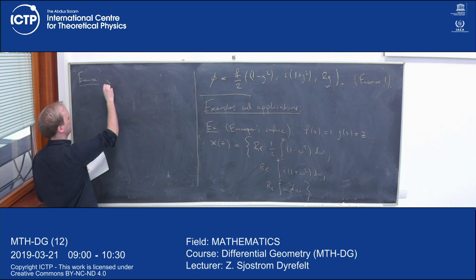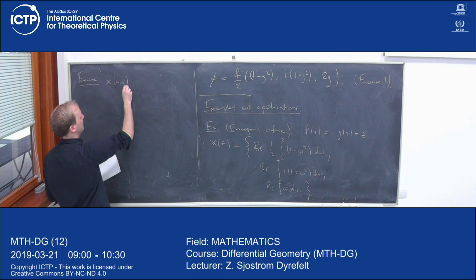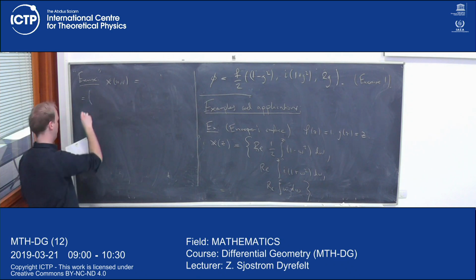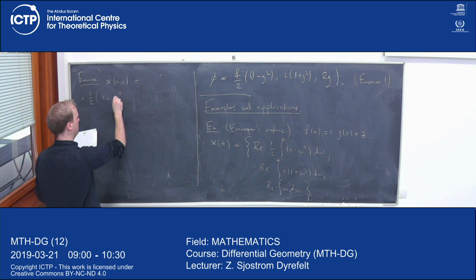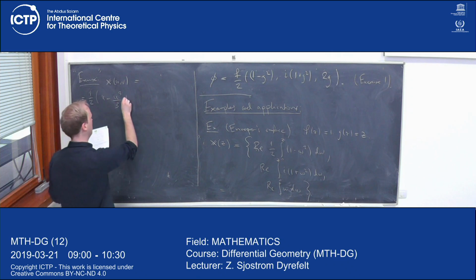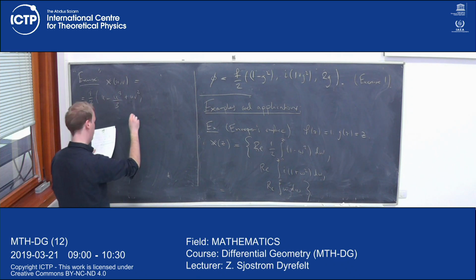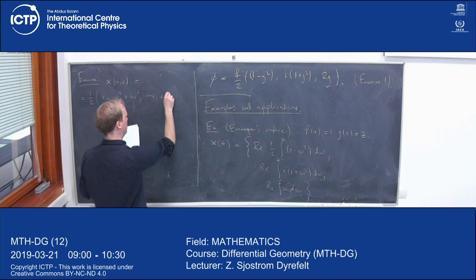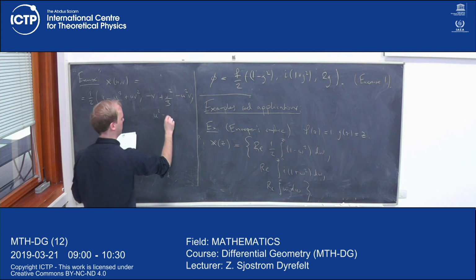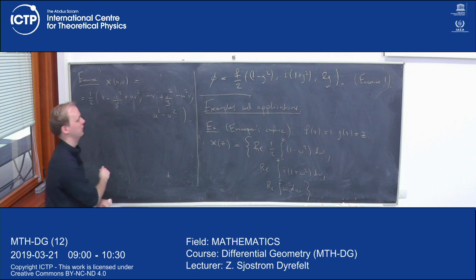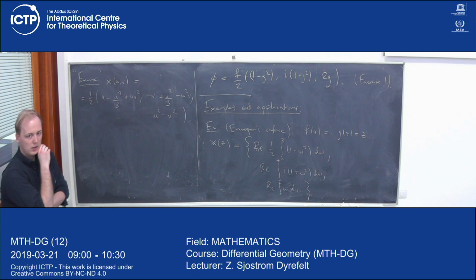This gives the surface x of u, v, which is equal to 1/2 times u minus u cubed over 3 plus u v squared, minus v plus v cubed over 3 minus u squared v, and the last coordinate is u squared minus v squared. So you get such a parameterized surface.